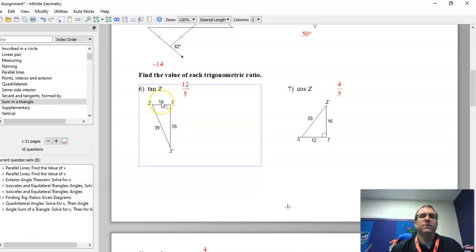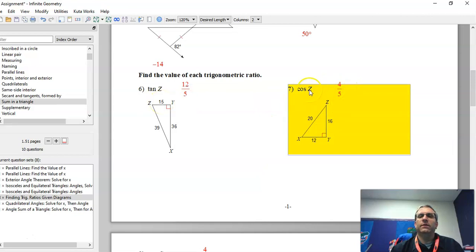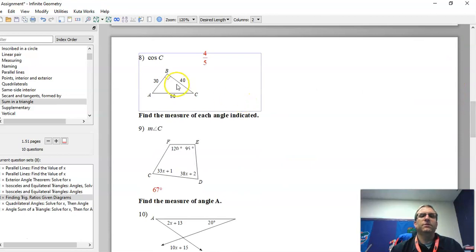Cosine of z is adjacent over hypotenuse. Cosine of c, cosine, adjacent, what's the adjacent side, over the hypotenuse.